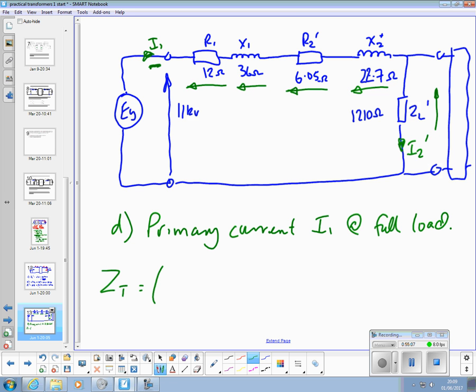So could we not add together all the real parts, R1, R2 dash, ZL dash, because that's what we do, and then all our imaginary parts, X1 plus X2 dash multiplied by j.